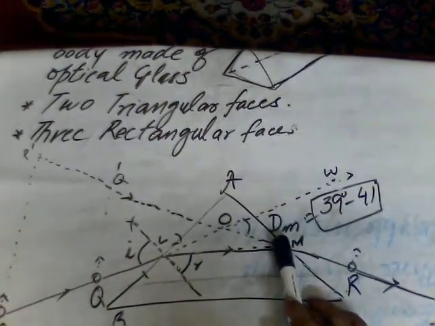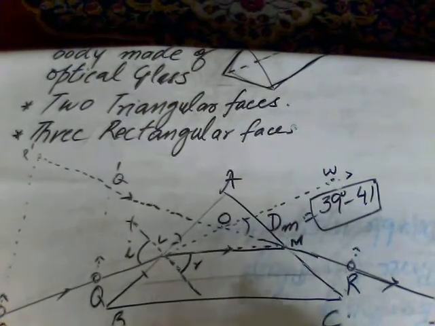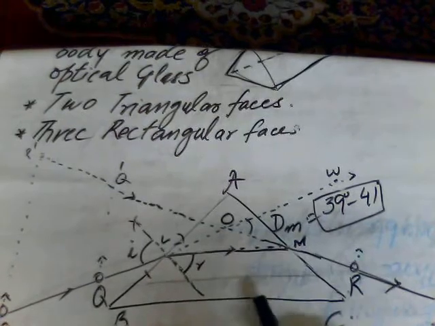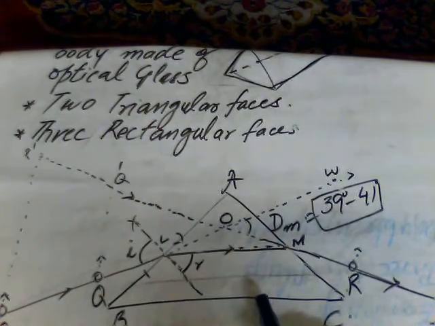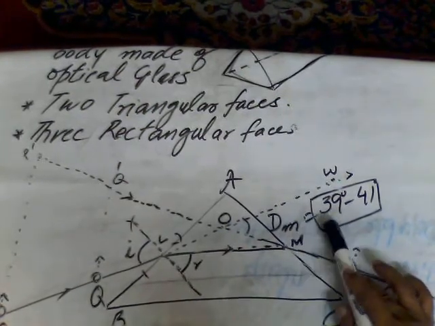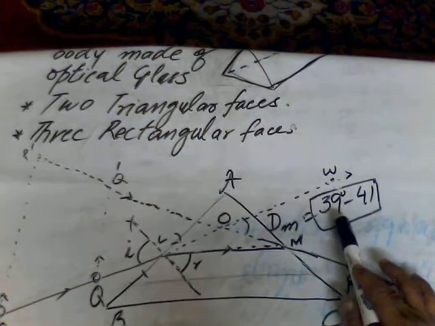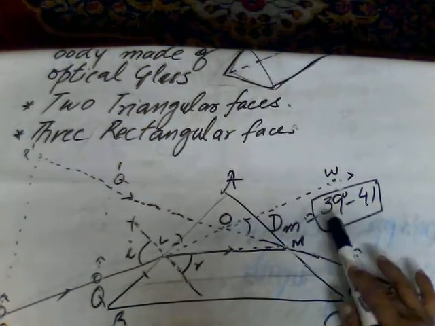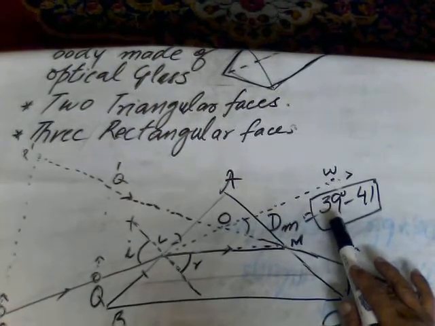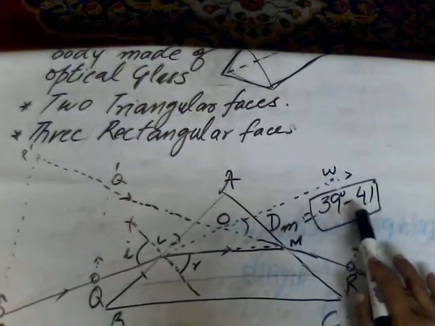Mostly when we perform this experiment in our physics lab, if the practical is performed with perfection, the value of the angle of deviation comes to 39 to 41. It may be 38, 39, 40 or 41.